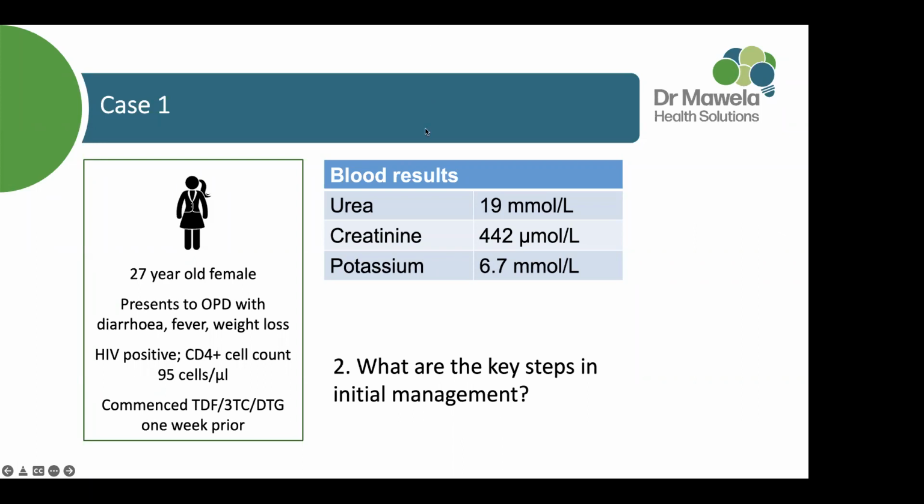What would you consider as your initial management of this patient? I've given you some options. You can type if you have additional things you want to do. We will get into the details shortly, but you may actually choose more than one answer on this particular question. Let's all try to participate.